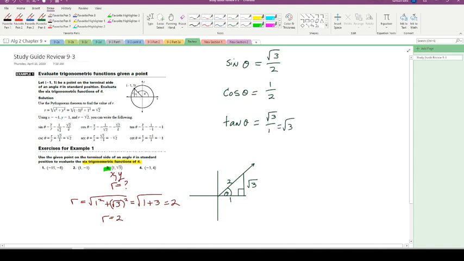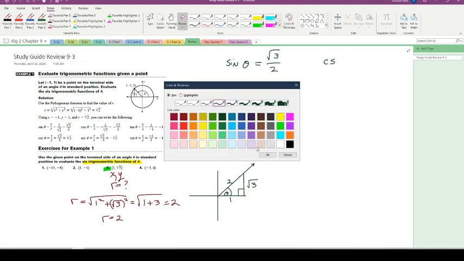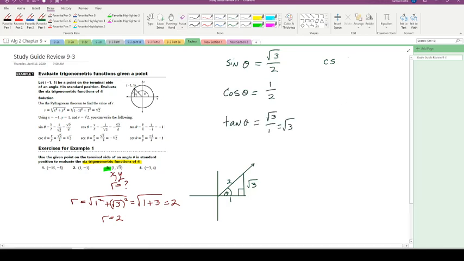And then we have the cosecant of theta. Sorry about that, let me fix that. Should have put a C there. So cosecant theta is equal to the reciprocal of this.